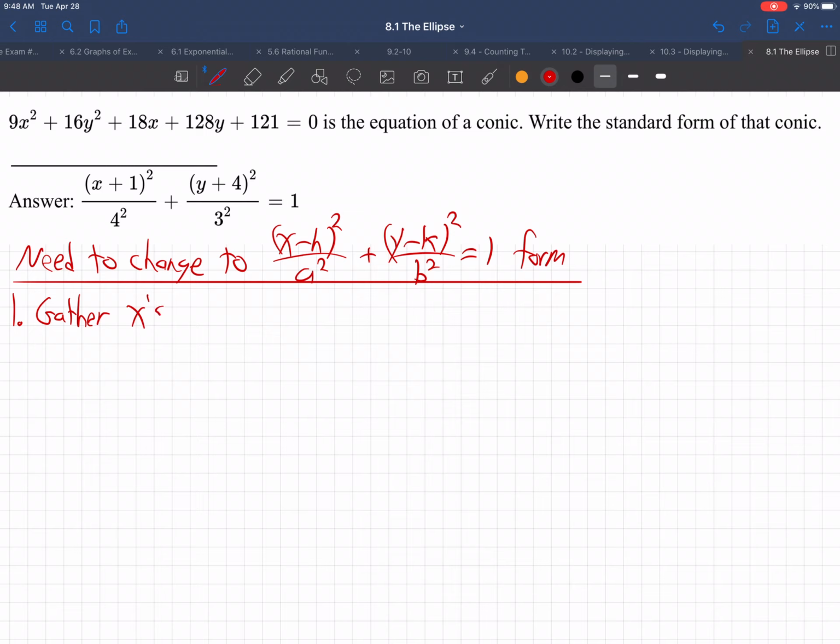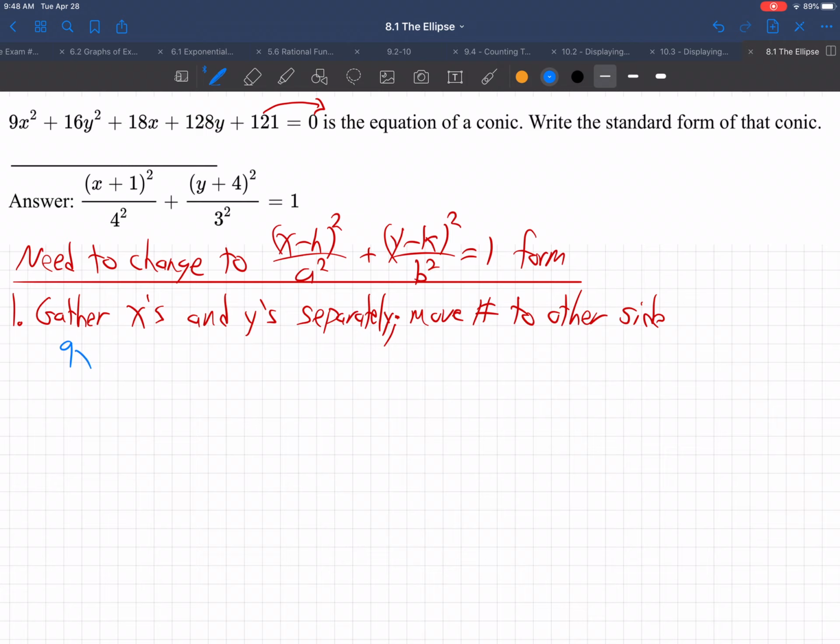Gather x's and y's separately, move number to the other side. So I'm going to basically jump this number to the other side. So here we go. I'm going to gather 9x squared and 18x together.